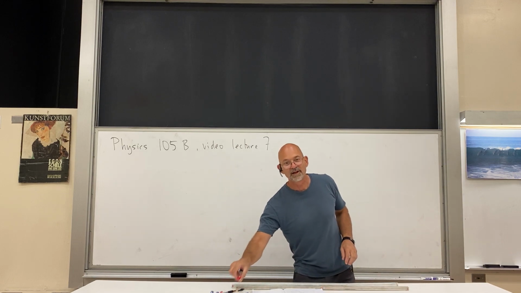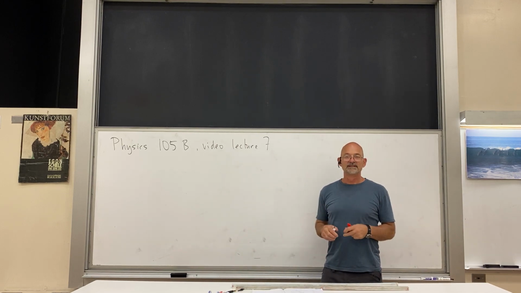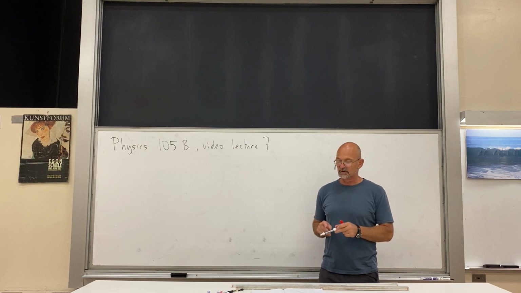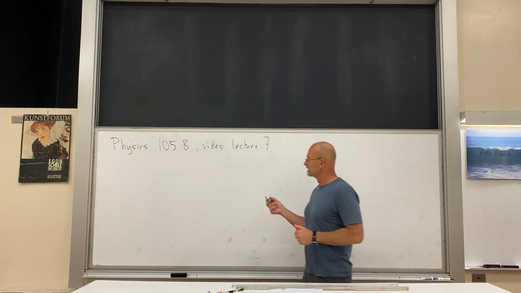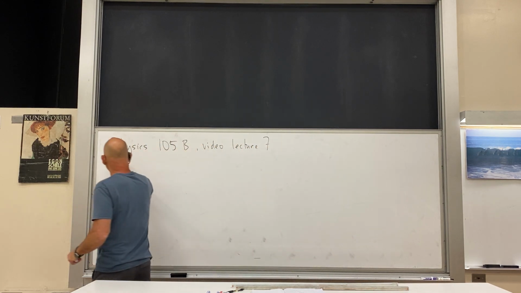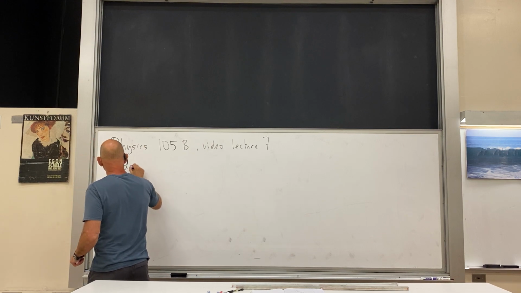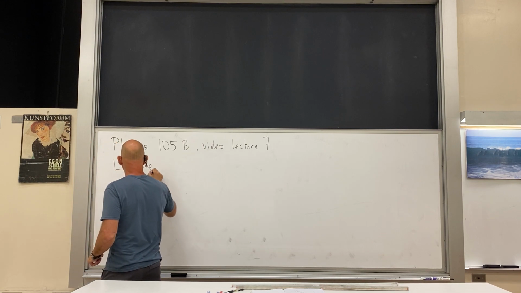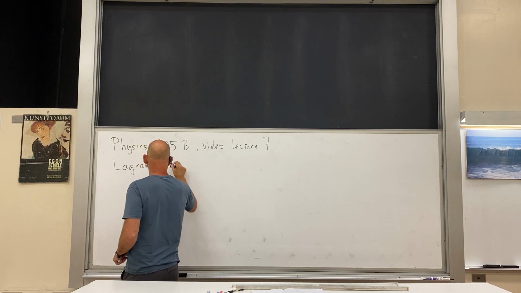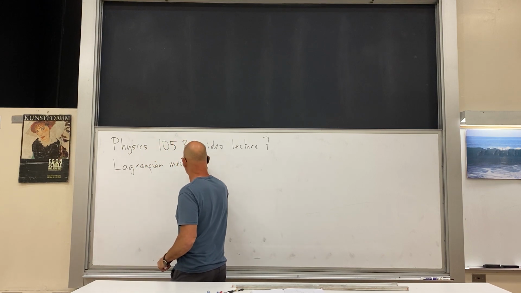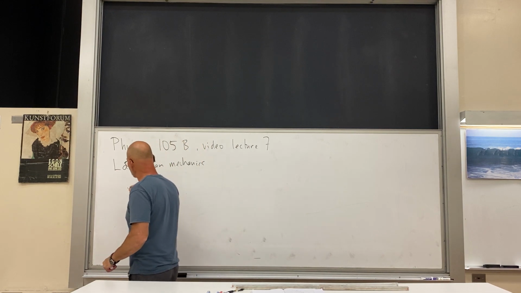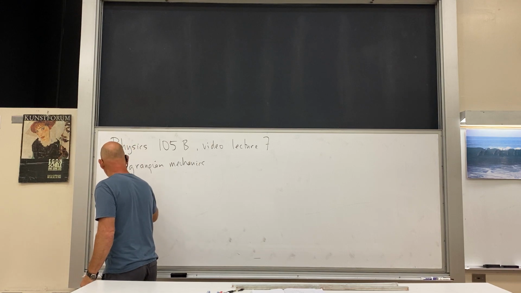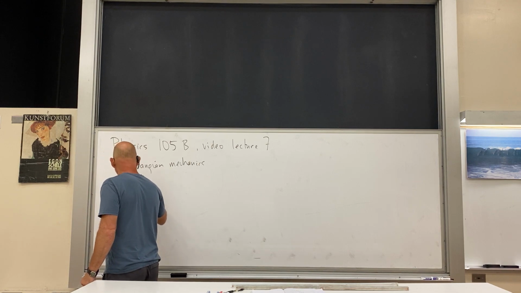So what were we doing last time? Symmetries and conservation laws. So Lagrangian mechanics, put down some of these terms here. So we're working on Lagrangian mechanics, and it follows from a variational principle.